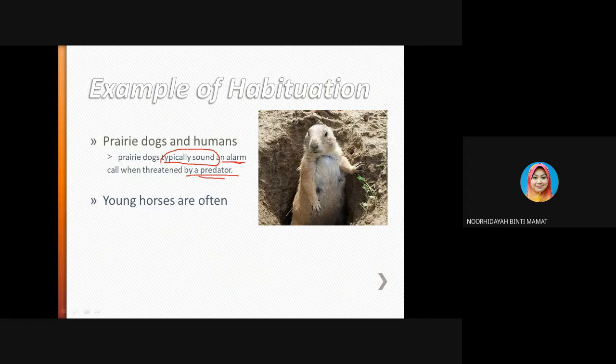Normally, when they hear the footsteps of a human, they give an alarm call to their colleagues, to their population, because they think the footsteps are a threat from a predator. However, they become habituated. They habituate to the footsteps of humans because the sound normally gives nothing bad happening.